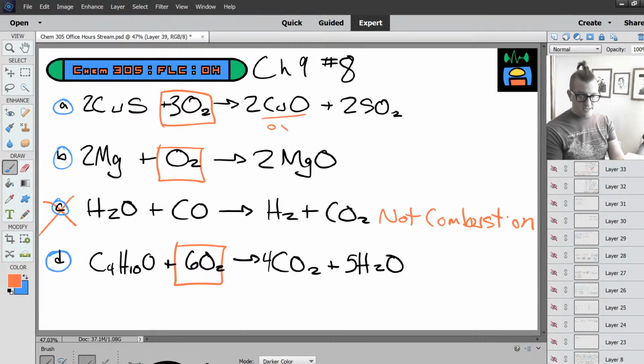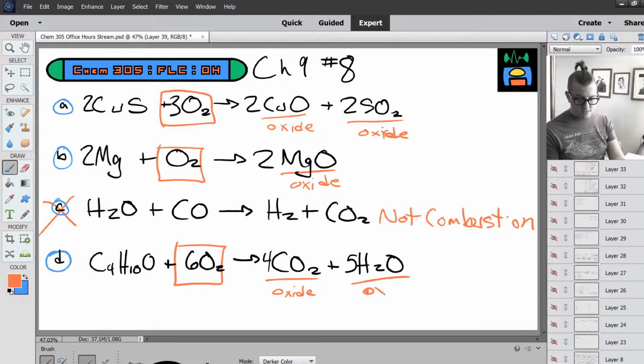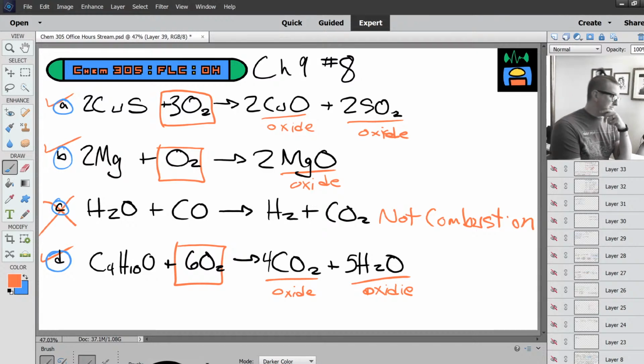This is an oxide, sulfur dioxide and copper 2 oxide. This is magnesium oxide. That one's already disqualified. This is carbon dioxide. And water is dihydrogen monoxide. So these three, A, B, and D, are all combustions. And C is not.